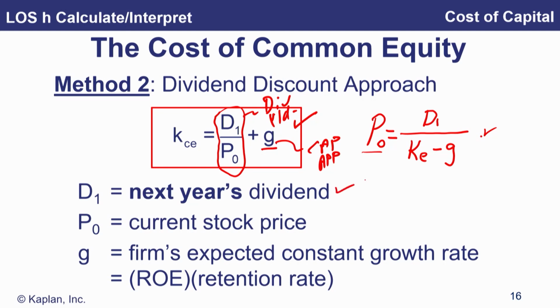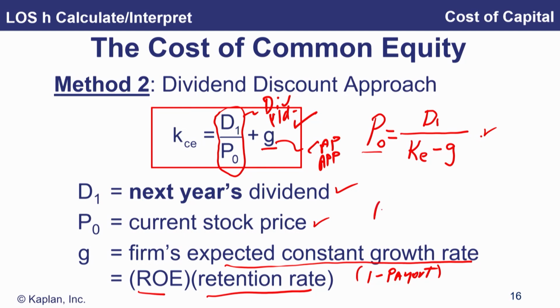I think I've described these. D1's next year's dividends, P0's today's stock price, and G is the expected constant growth rate. And how do we estimate that? Well, that's the ROE times the retention rate. Remember, our retention rate is 1 minus the payout rate. So the payout rate is the percentage of earnings that we're paying out as dividends.